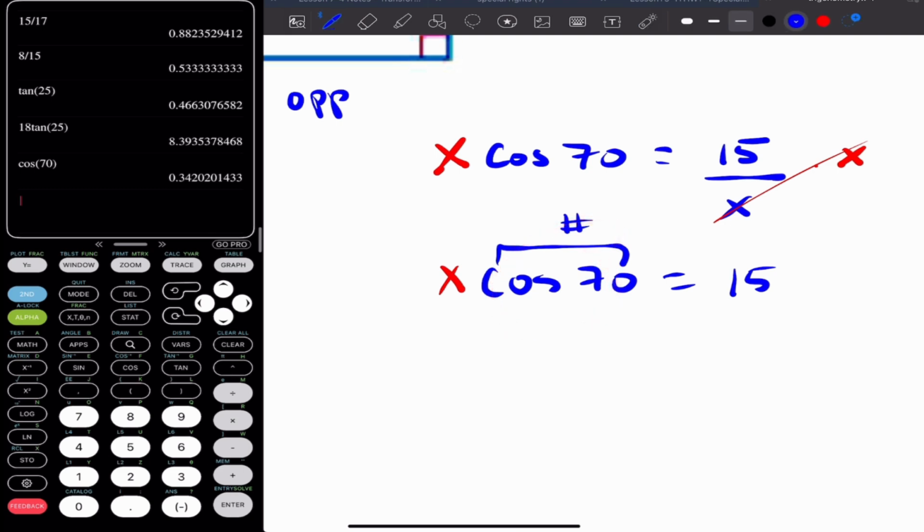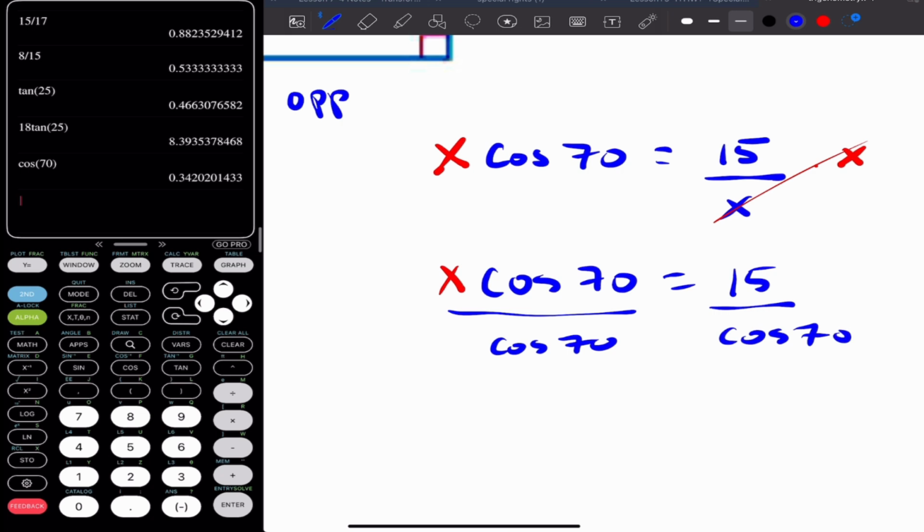So let's divide both sides by cosine of 70. This will go away. We have x on the left-hand side, and that is equal to 15 divided by cosine of 70. Do you see what I did there? So we have 15 divided by cosine of 70.